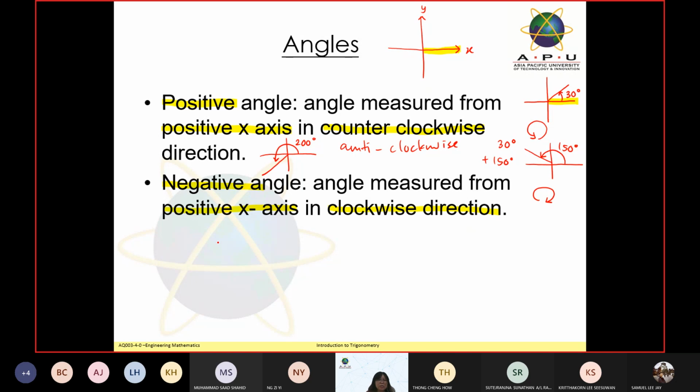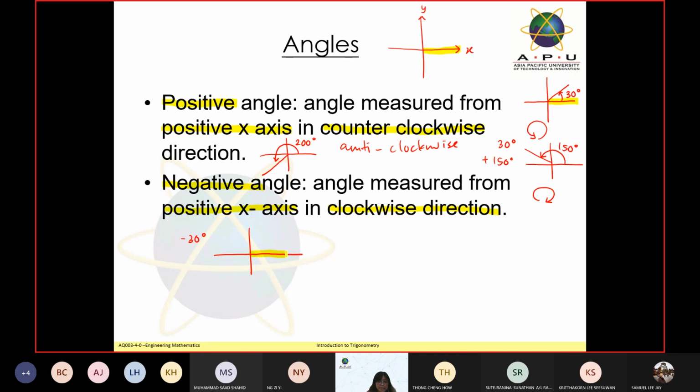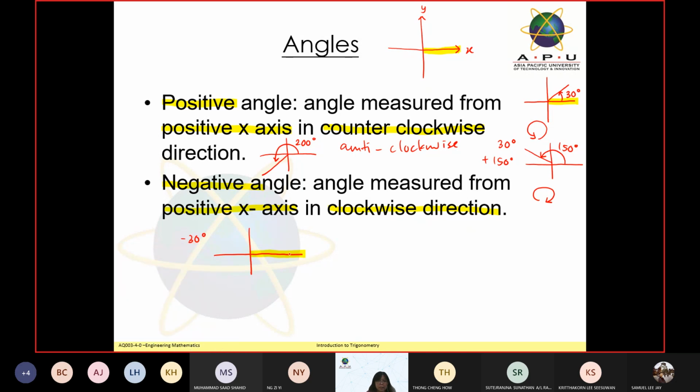For a negative angle, we go clockwise. Let's say we have negative 30. As I said, we measure starting from this axis and follow the clockwise direction, so it will be here. This is negative 30 degrees. How about negative 150?